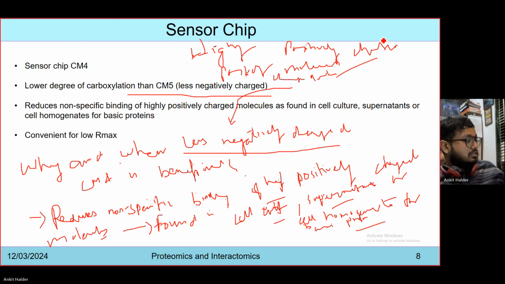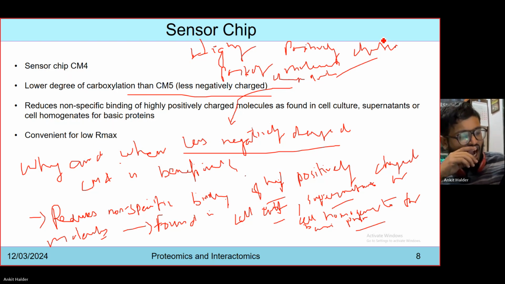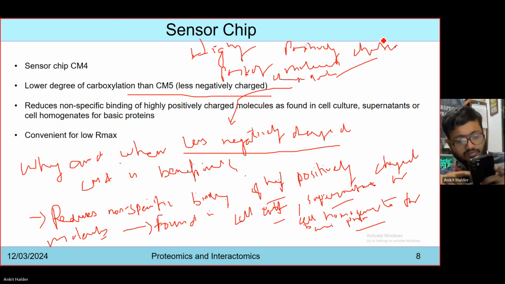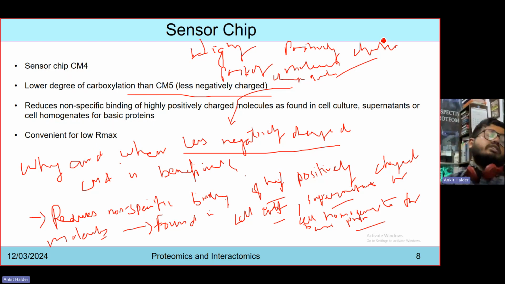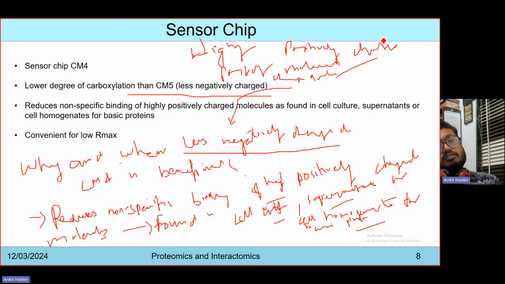This will be helpful because of the lower negatively charged surface.